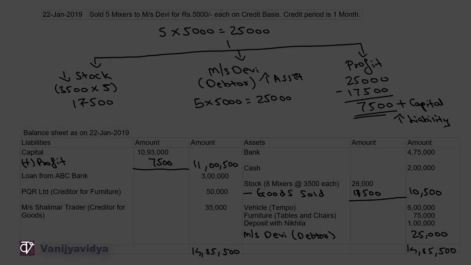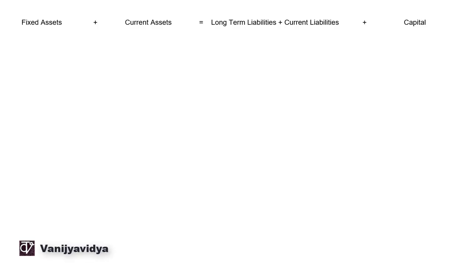Now let's summarize this. This is an equation which we had seen. Fixed assets plus current assets is equal to long-term liabilities plus current liabilities plus capital. Now let's understand how to derive a debit credit rule using this equation.